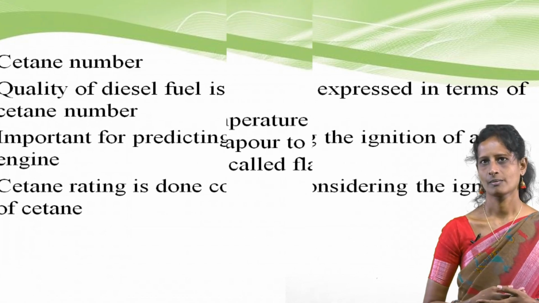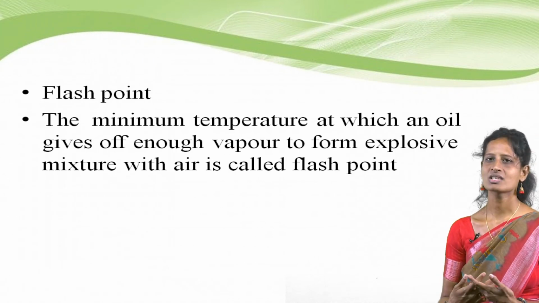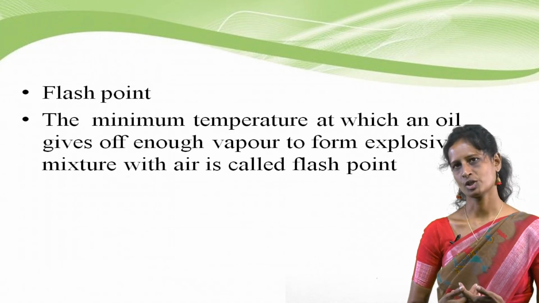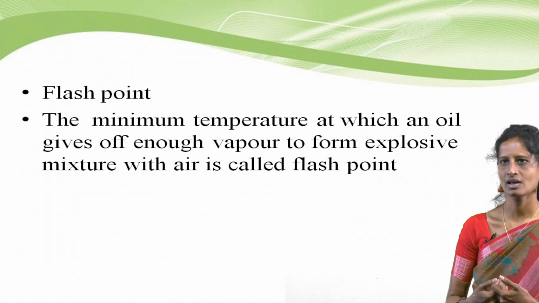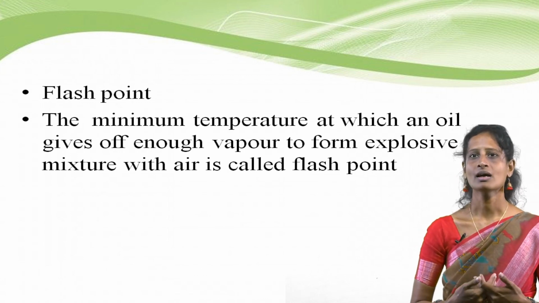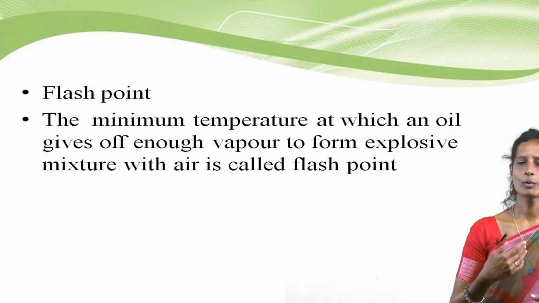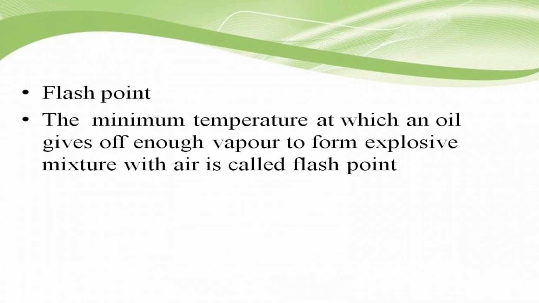Next, flash point. What is flash point? What is the purpose of flash point in petroleum? The minimum temperature at which an oil gives off enough vapor to form an explosive mixture with air is called the flash point. We already saw that all the processes involve high temperatures and higher hydrocarbons.